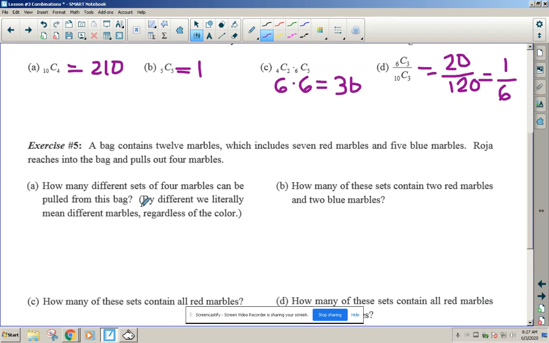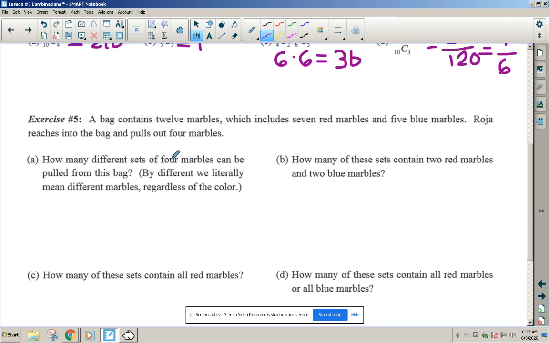Now, this part here is really important because here now we have a bag with 12 marbles. So picture this little bag, it's got 12 marbles in it. And these 12 marbles have 7 red and 5 blue. So you reach into the bag and you pull out 4 marbles.